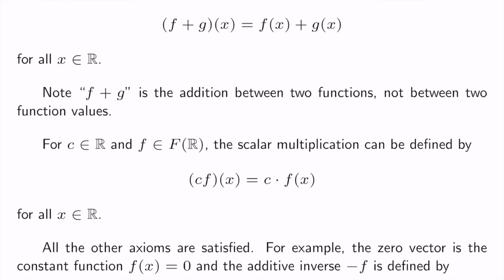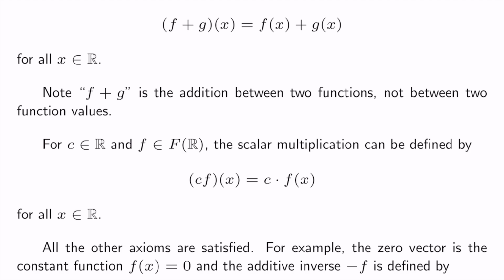And for scalar multiplication, let c be any real number and f be any function. Then this new function cf of x is defined by the constant c times the value of the function f at x. So we define the value of this function at each point in this way. So we have defined addition and scalar multiplication, and you can show that these operations satisfy all the axioms of the vector space again.